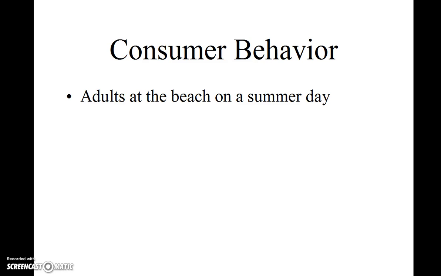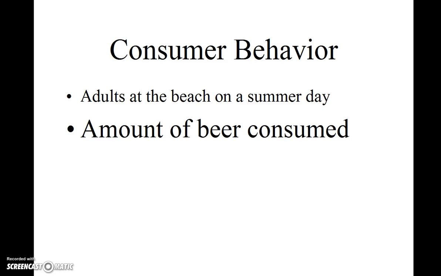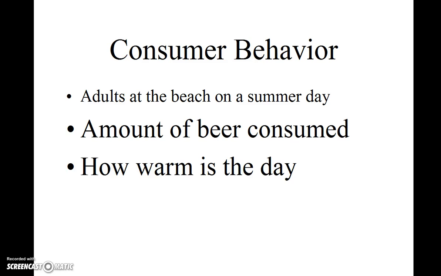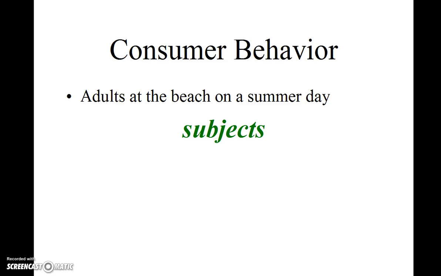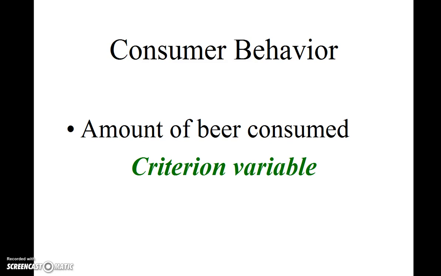Let's take a look at an example coming from consumer behavior. Let's take a look at adults at the beach on a summer day. Let's measure the amount of beer consumed and how warm the day is. The adults at the beach would be the subjects that we are observing. The amount of beer consumed by the end of the day would be the criterion variable.